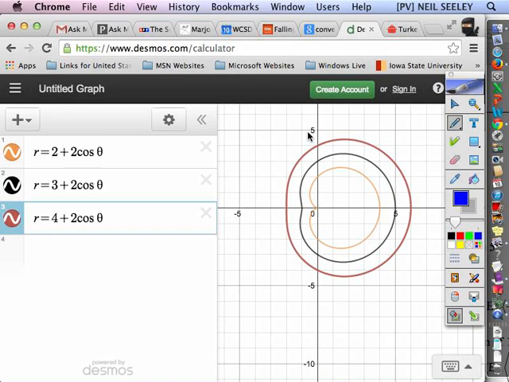Isn't that crazy? It has to be less than 2 to have an indent. Yeah, it seems like less than the 2 to have an indent. So if it's going to indent like it did in the orange one, it didn't end up being less than 2.